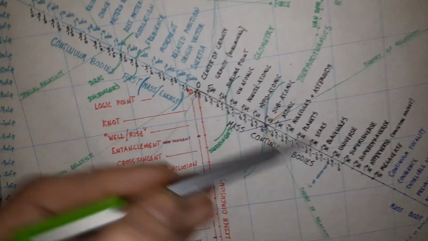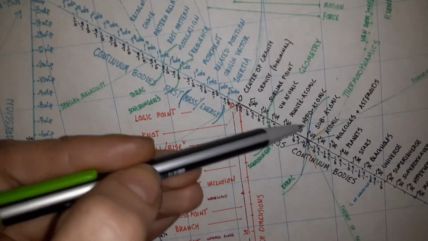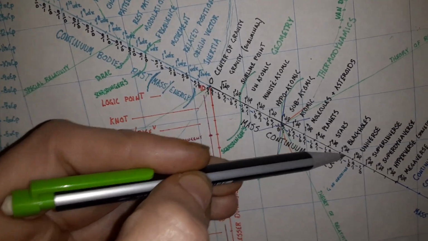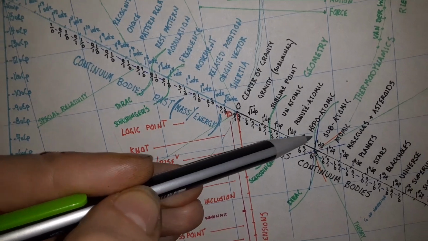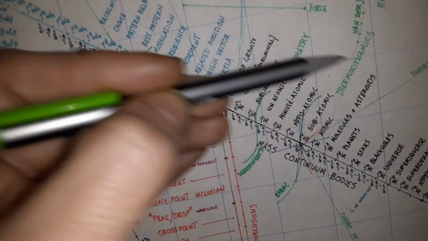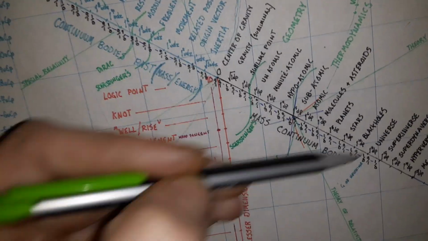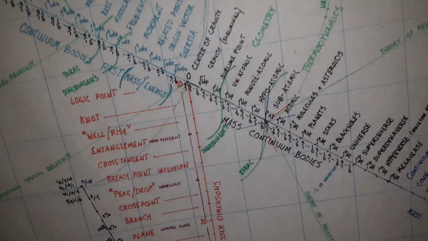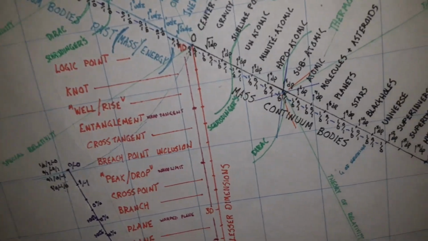Whereas your reference of outside domain, so if you're a hypoatomic particle, your reference state is all the way up to a black hole. So a black hole would have a hypoatomic core, whereas the hypoatomic space domain is that of the entire black hole's domain. So like where the black hole would register out to be a continuum body. And a black hole's continuum body technically includes the accretion disk.